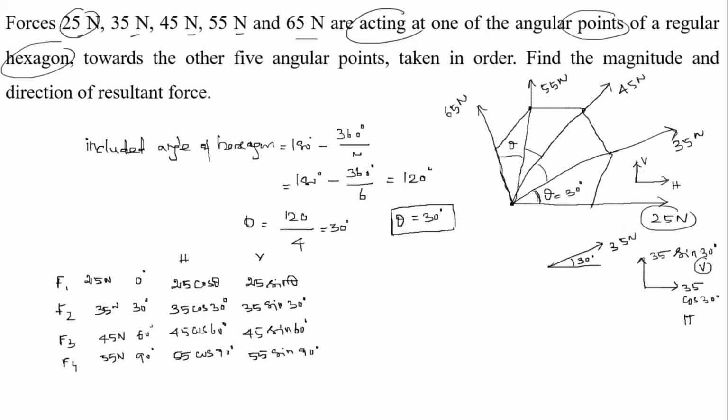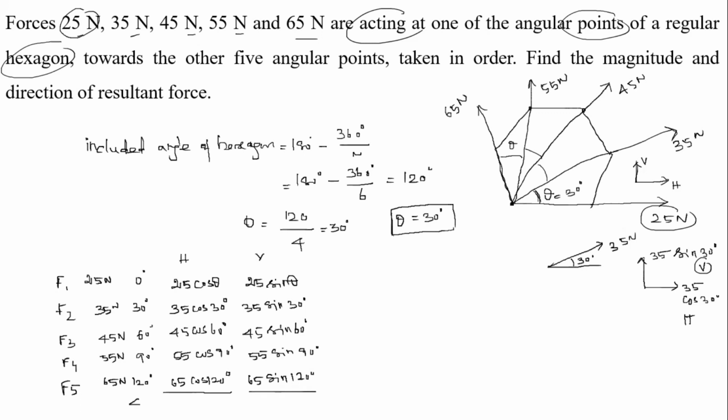The last one is F5, magnitude 65 Newton and angle 120 degree. So, 65 cos 120 degree and 65 sin 120 degree, right.